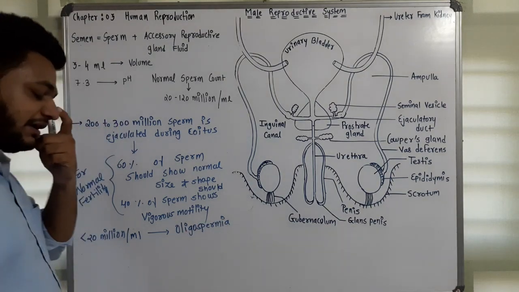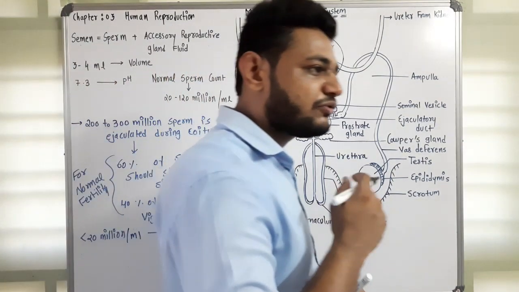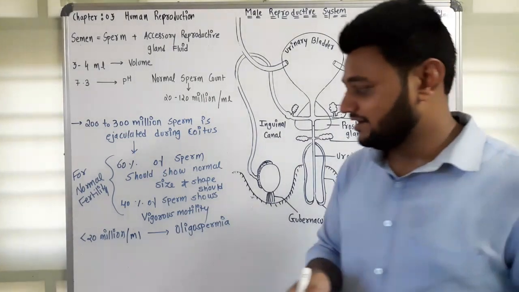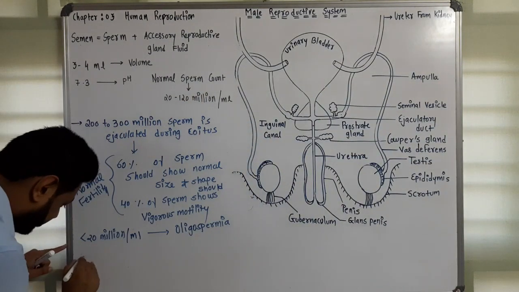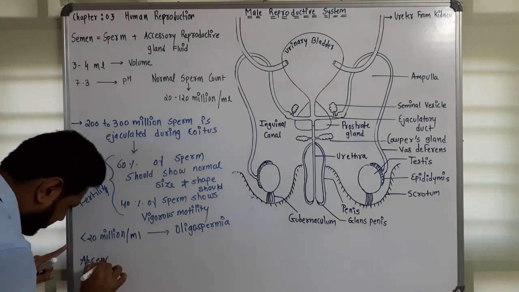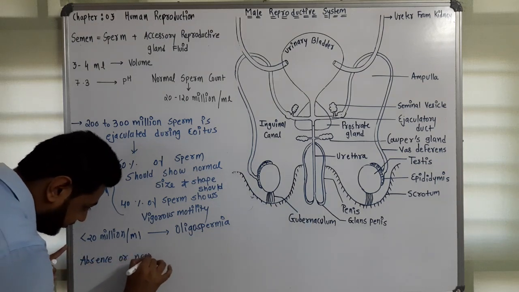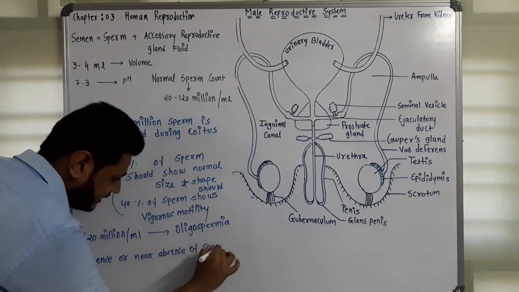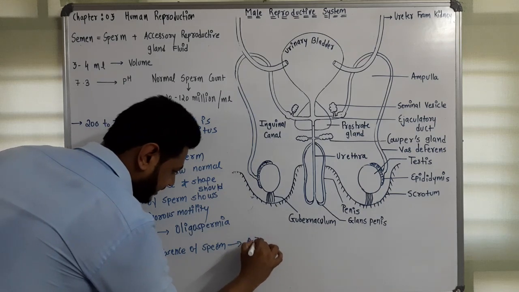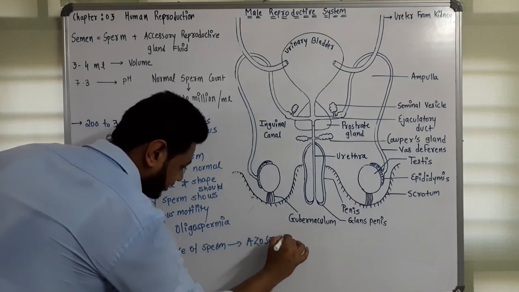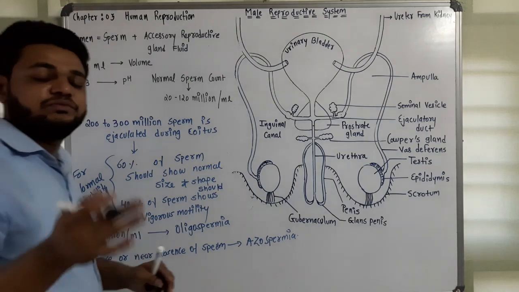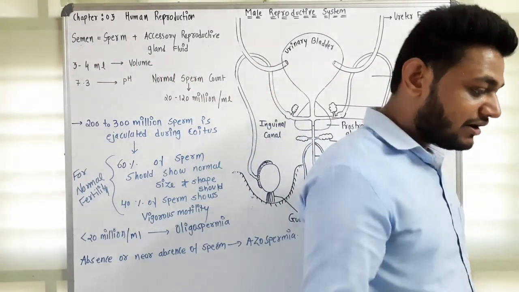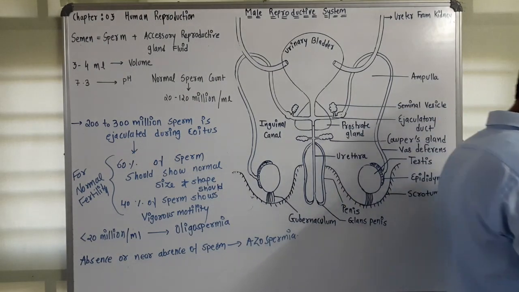Now if the person is not able to produce sperm, or the sperm count is too low, absence or near absence of sperm is called azoospermia. There are many people whose sperm count is too low, or who are not able to produce sperm. That kind of condition is referred to as azoospermia.